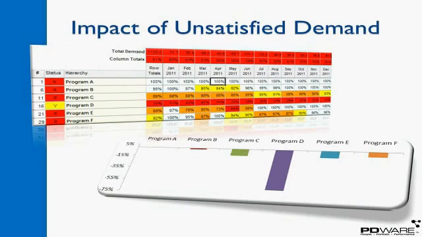We now know that we are falling short in capacity across some areas. So the next logical step is to determine if we can tolerate the impact. The impact of shortfall or unsatisfied demand can be felt at all levels of planning, not just the project level. In this view, we show the programs that are affected.